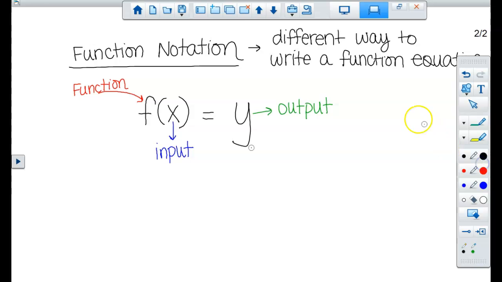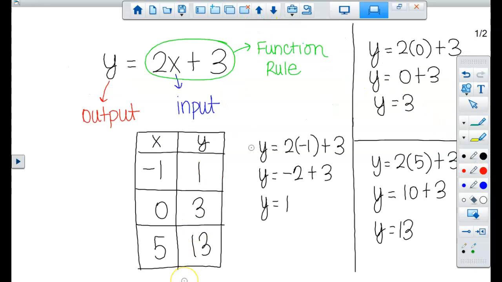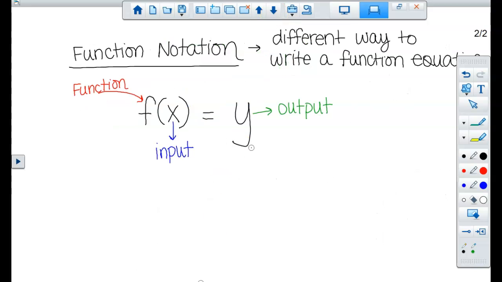And if you'll think about it, that makes a tremendous amount of sense because that's exactly what we did over here. This function took an input of x and produced for me an output of y. So this way of writing things makes a lot of sense in terms of how we know a function works. A function named f will take an input of x and give us an output of y.